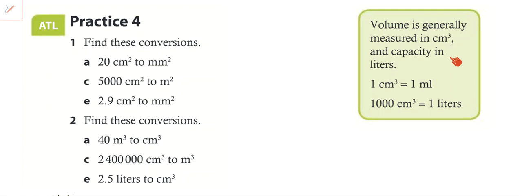What things do we tend to measure in litres? Liquids quite often. Capacity is the amount of space available to hold something, and volume is the amount of space taken up. That's a good answer.